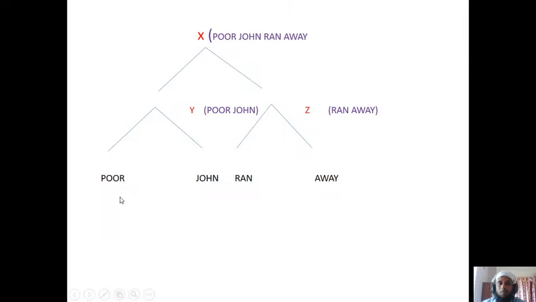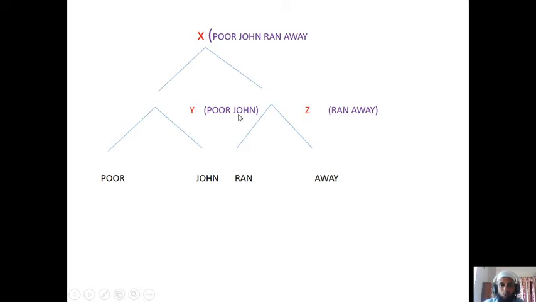For example, here you have 4 words, or you can say 4 morphemes. Poor John ran away. Though ran is supposed to have 2 morphemes, ran plus ed, that is past morpheme. So here you have 4 words or 4 morphemes, and then Poor and John, these 2 morphemes combine, and they consist in a particular node or an element, another constituent.